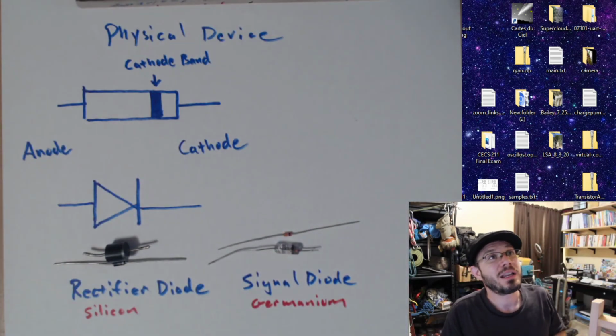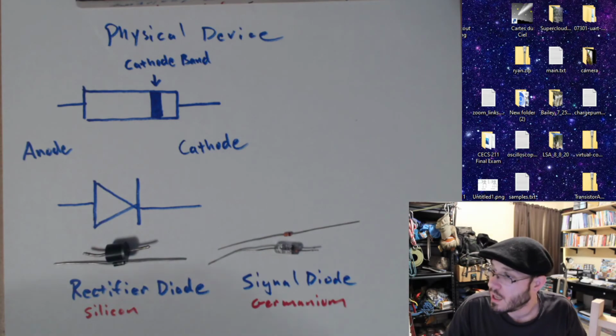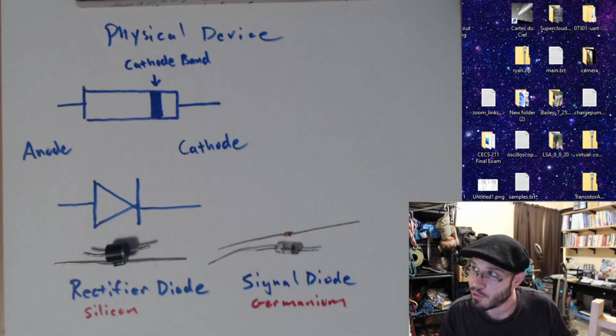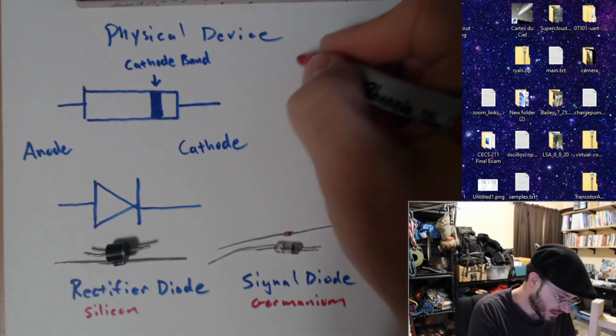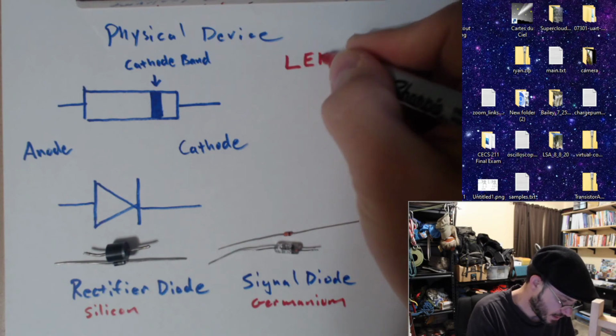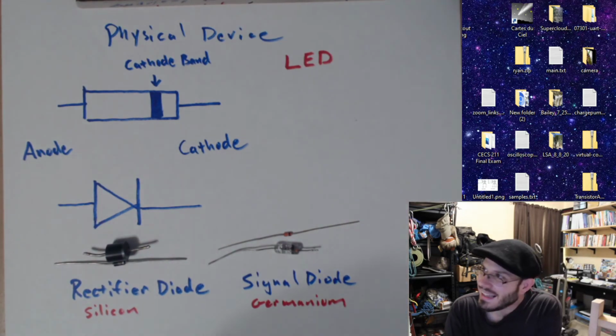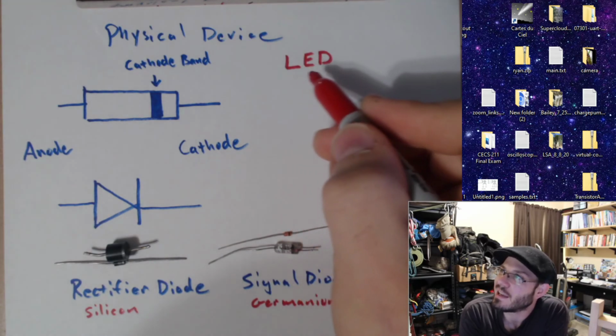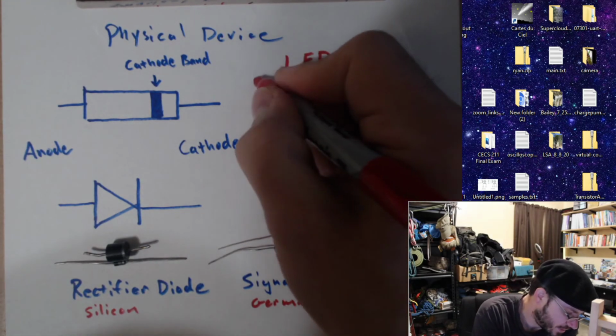And the one that I'm going to use for demonstration, for the sake of getting to the second approximation, is going to be an LED. An LED is a light emitting diode.